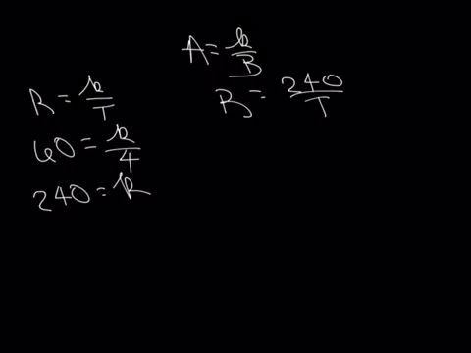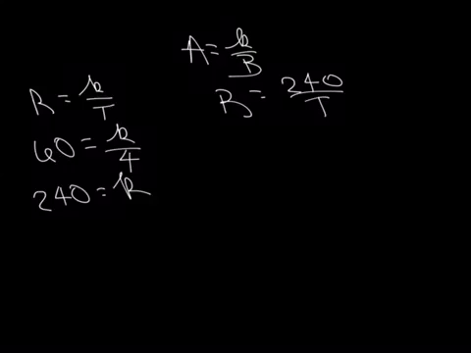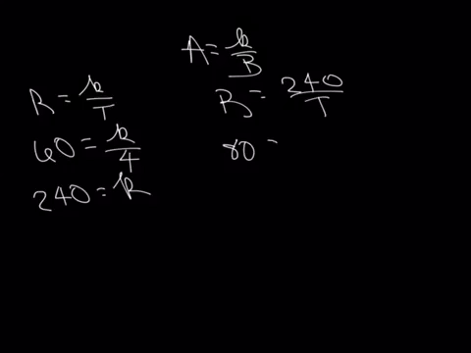Alright, let's see what else they say. I'm looking for one number. What would be the time required for the same distance if the rate were increased to 80? So the rate is 80, 240 over t. Okay. Now there is a way you can do this without having to cross multiply and do all of that.